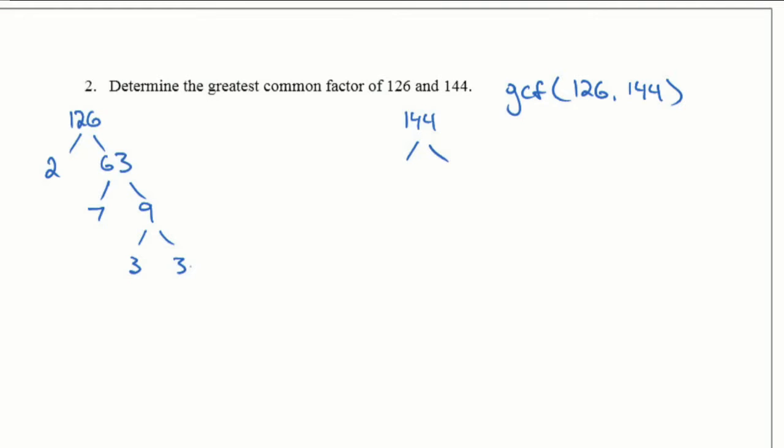So I know if I take 126 and break it down into 2 times 3 times 3 times 7, I have factored it. So 2 times 3 times 3 times 7 gives me 126.